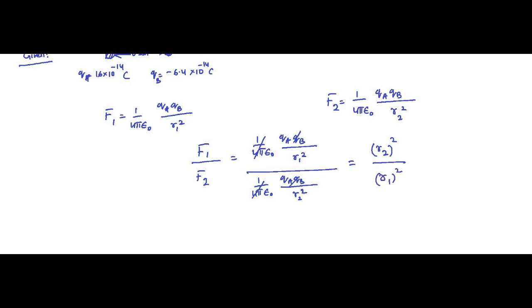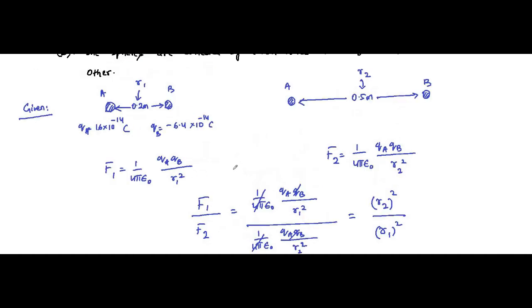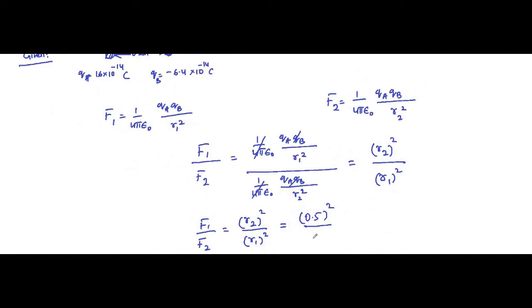So F1 by F2 is equal to R2 square by R1 square. Why? Because the electrostatic force is inversely proportional to the square of the distance between the two charges. So here R2 square is 0.5 square, R1 square is 0.2 square.